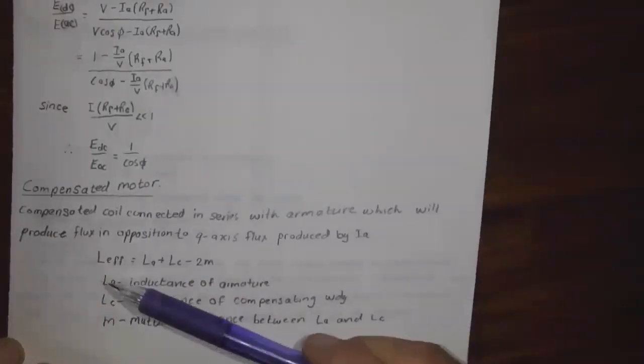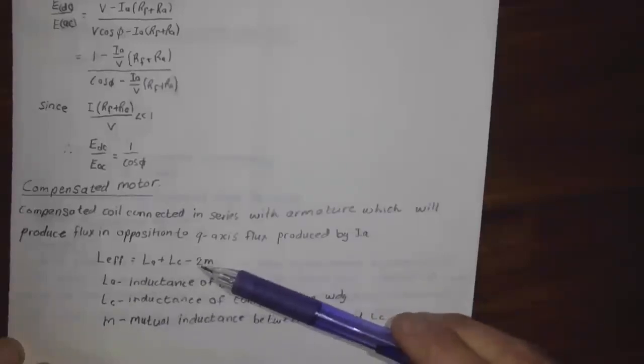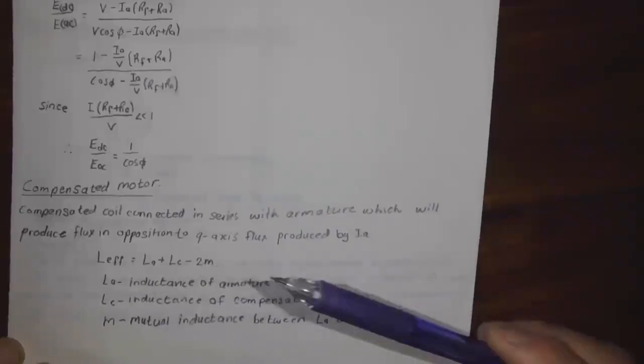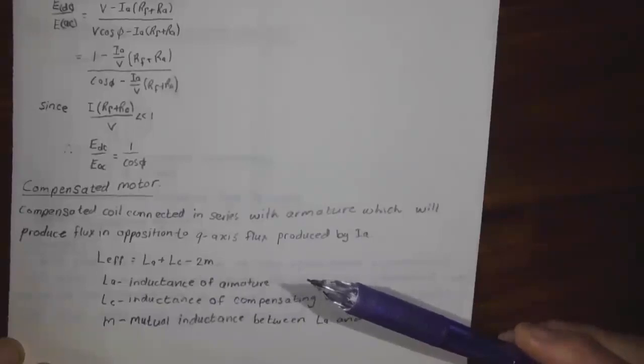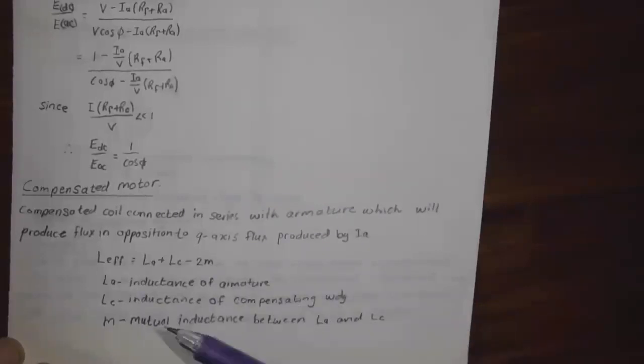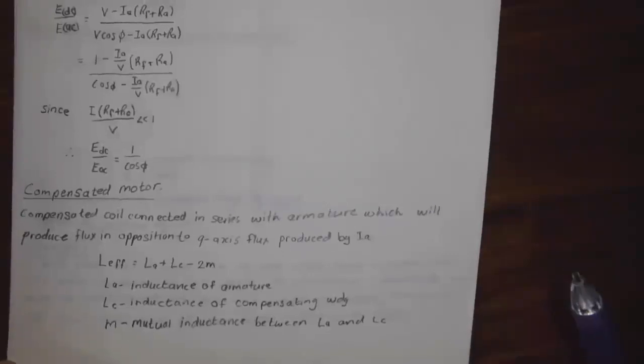So L effective is LA plus LC minus 2 times the mutual M. LA is the inductance of the armature, LC is the inductance of the compensating winding, and M is the mutual inductance between LA and LC.